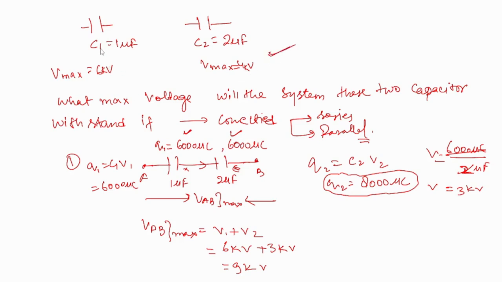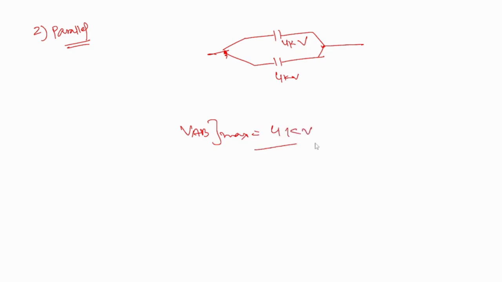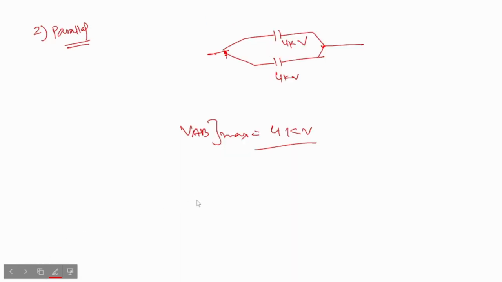So the potential difference across C1 must not be greater than 4. That means both will have a potential difference of 4 kilovolt. This is very simple. VAB max will be the minimum of both, that is 4 kilovolt. So in case 1 you've got VAB max 9 kilovolt, and in case 2 you've got VAB max equal to 4 kilovolt.